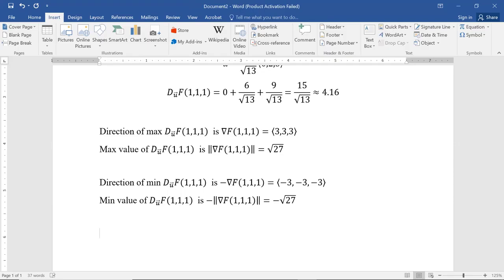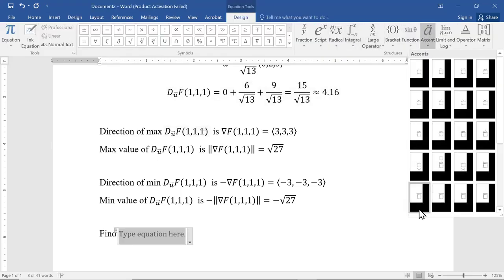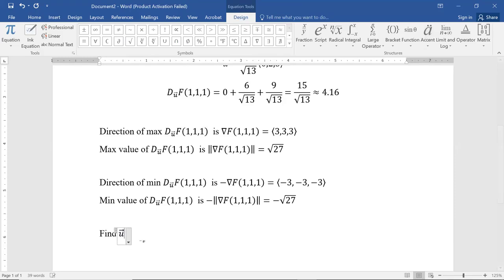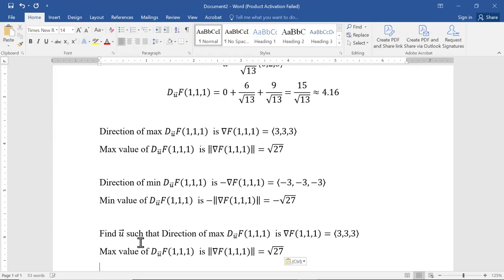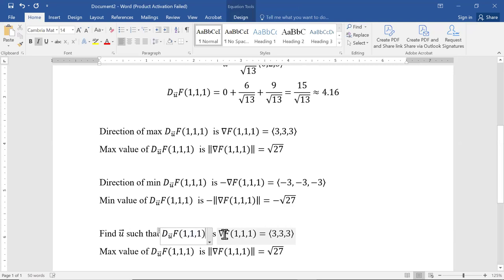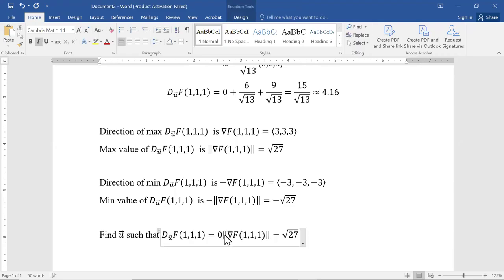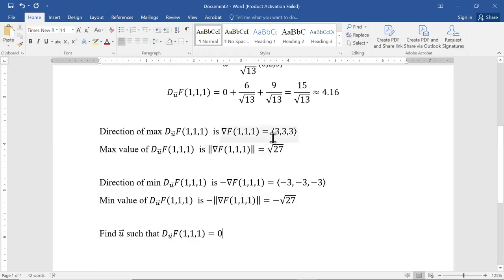And if I'm looking for a u so that my directional derivative is 0, then we just need to pick an orthogonal vector to this gradient.